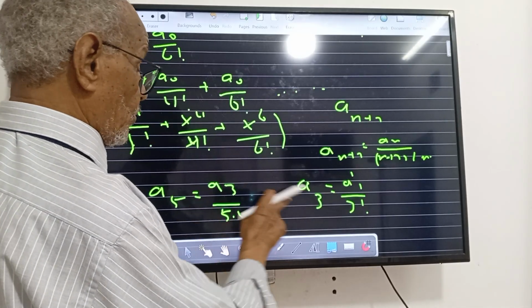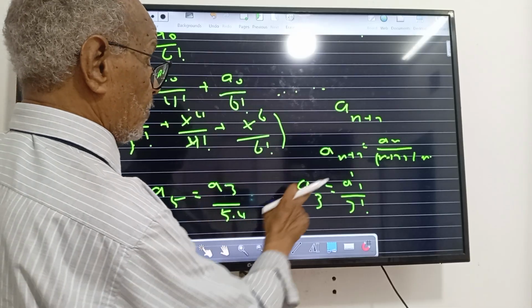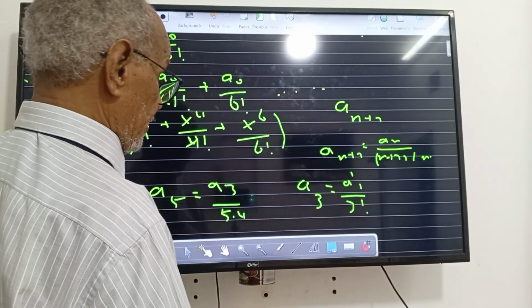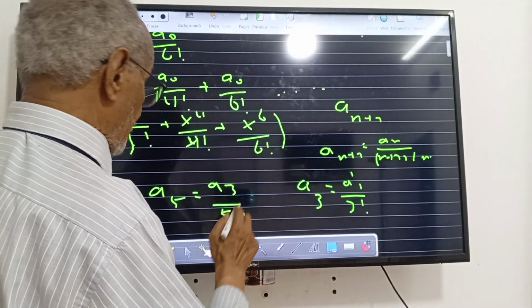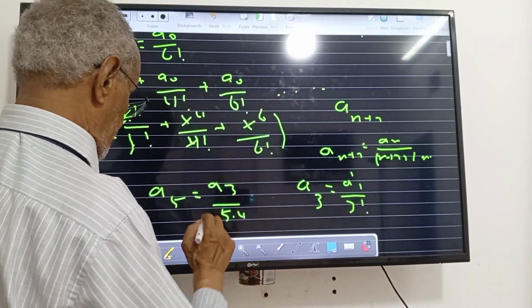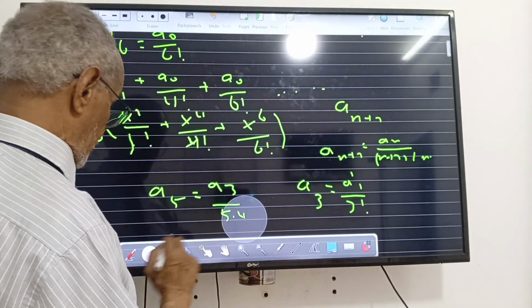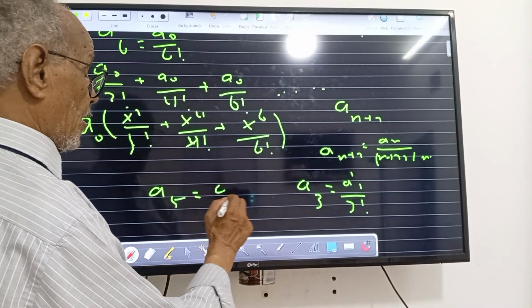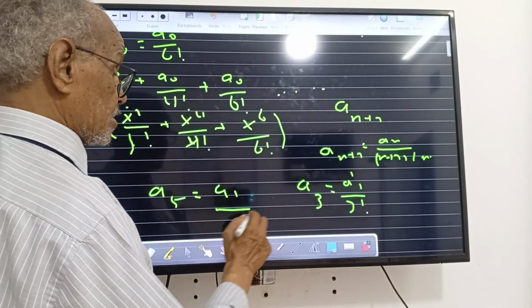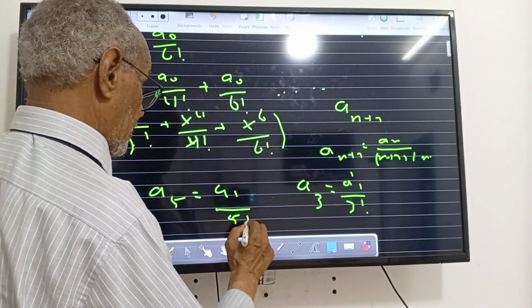And we have A3 equals A1 over 3 factorial. So A5 will be equal to A1 over 5 factorial.